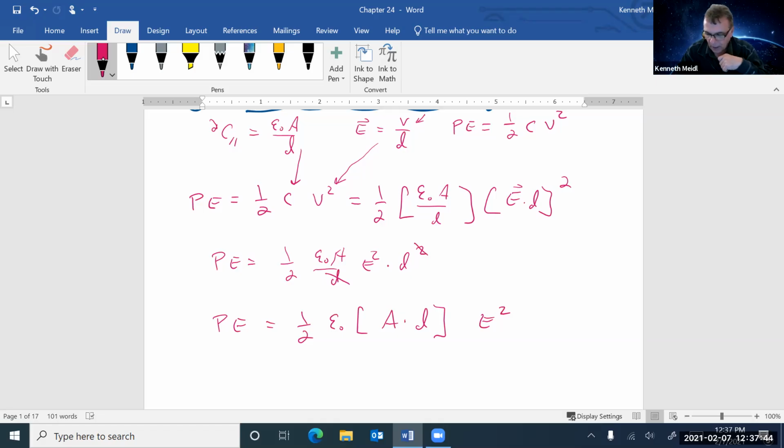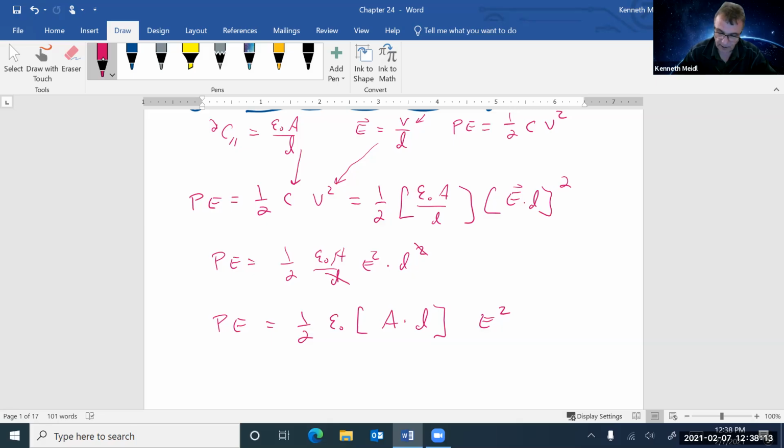This, to any physicist, is familiar, in that the energy stored in a capacitor will typically always look something like this. Now, this is for a parallel plate capacitor. But what I see here are some aspects that will translate to any type of capacitor, and we'll take a look at some different types of capacitors.